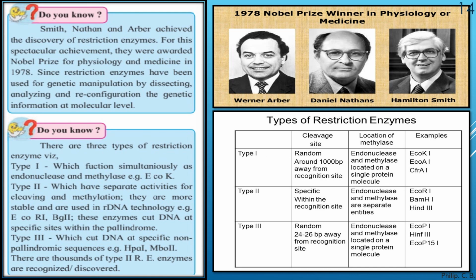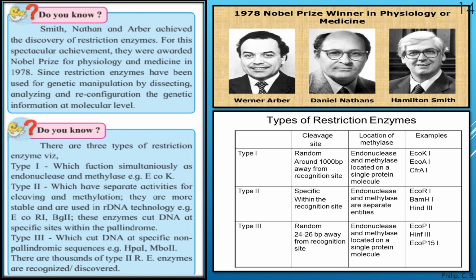Further, just for additional information, towards the right you can see the Nobel Prize winners in physiology or medicine: Werner Arber, Daniel Nathans, Hamilton Smith, and the types of restriction enzymes, type 1, type 2, type 3, with the cleavage site, location of methylases, and examples of each. If you read the information, Smith, Nathans and Arber achieved the discovery of restriction enzymes.